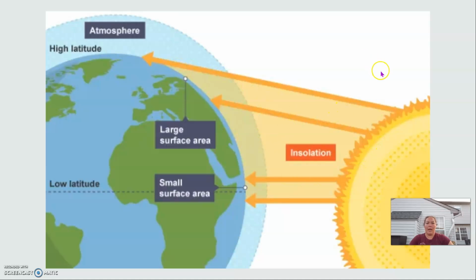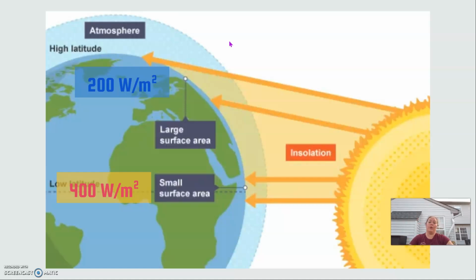This is showing you direct sunlight: you're getting 400 watts per meter at the equator, and at the poles or further north, you're getting 200 watts per meter. Which is one of the reasons why solar panels are more effective in places like Arizona, in the southern part of the United States, because it is further south, closer to the equator. Not obviously the equator, but you're still getting higher watts per meter than up here.